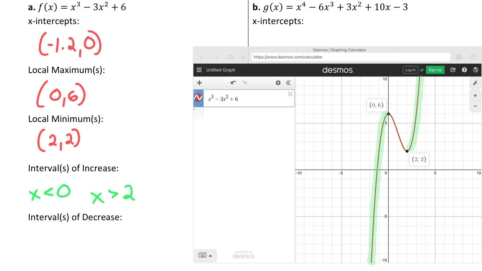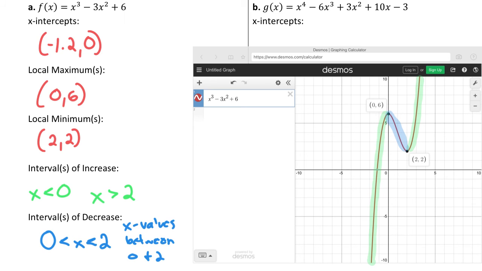Now I'm going to do in blue my interval of decrease. So my interval of decrease here is x values from 0 to 2. So the inequality I'd write for that is a compound inequality. That compound inequality describes all x values between 0 and 2.